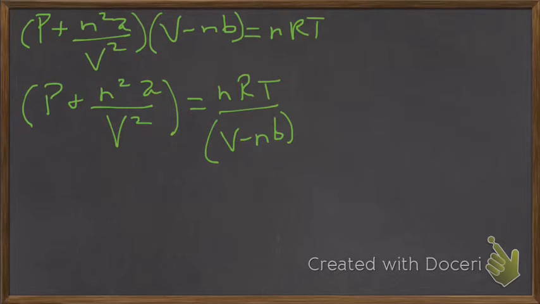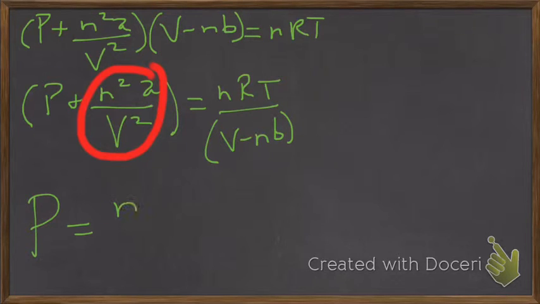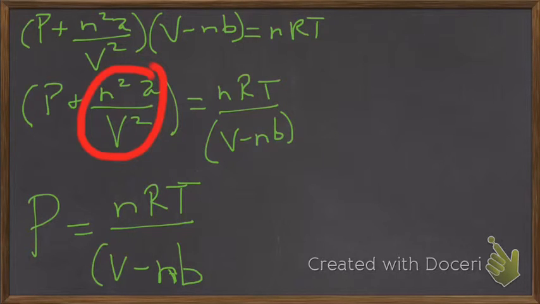Now all we have to do is subtract this from both sides. So when we subtract that from both sides, we get P is equal to nRT, and R is just the gas constant that we've been using, divided by V minus nB. That's an n, it doesn't come across very well. Minus n squared A divided by V squared.